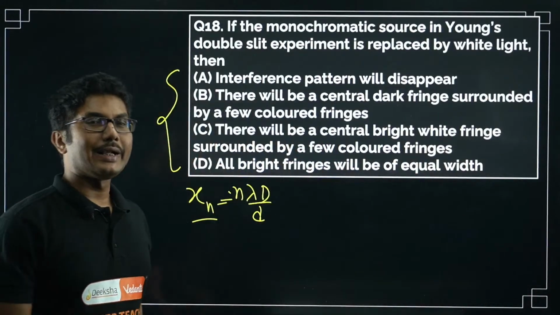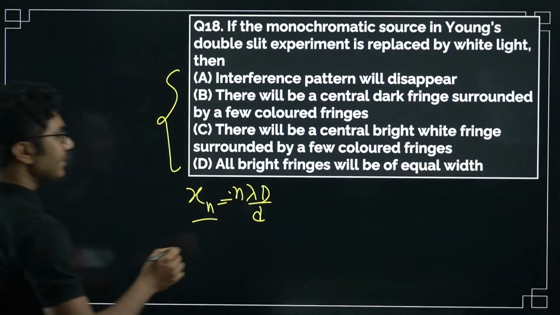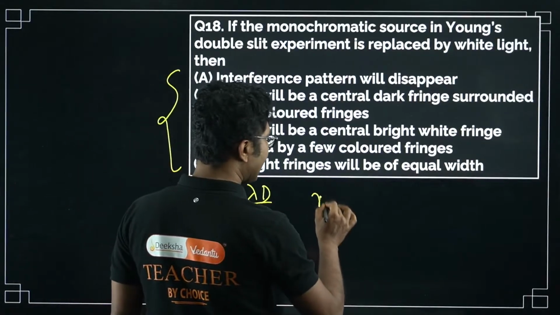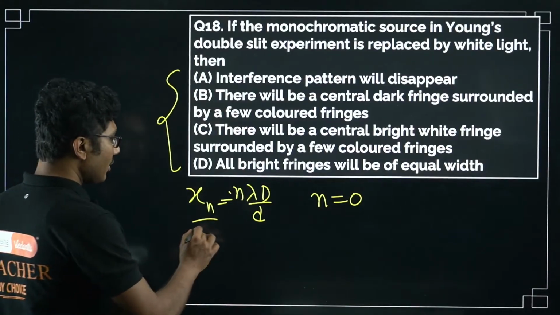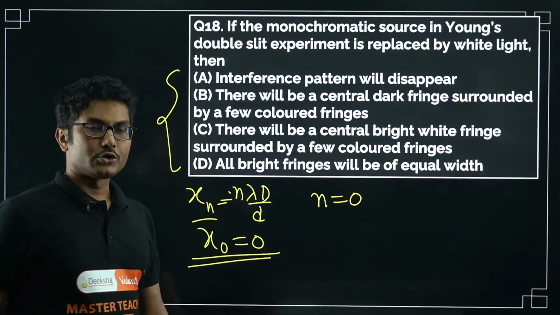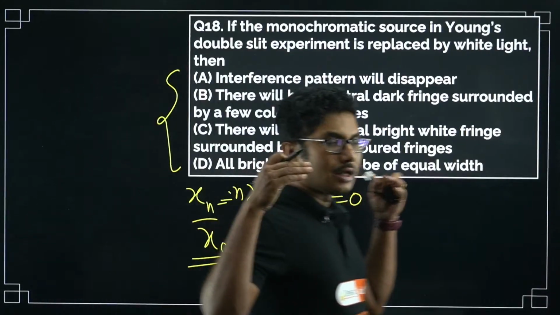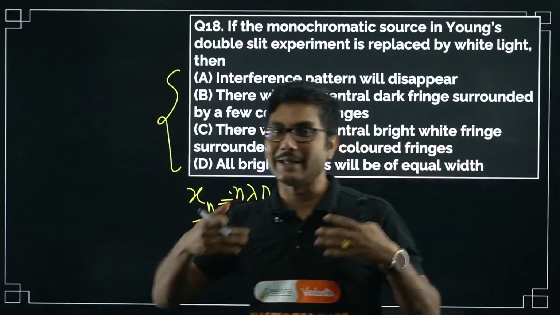So you will get colorful fringes, but for the central fringe, n is equal to 0, so x0 will be 0 for all the lights. So all the lights will interfere at the center at the same time.